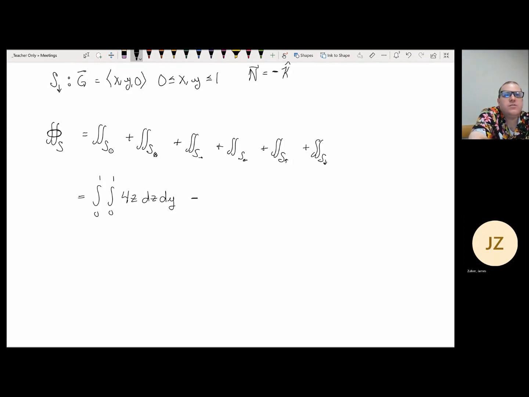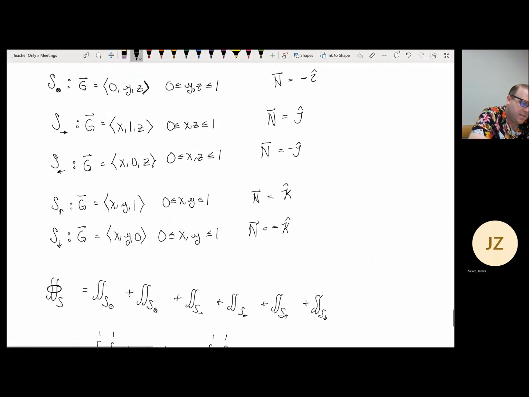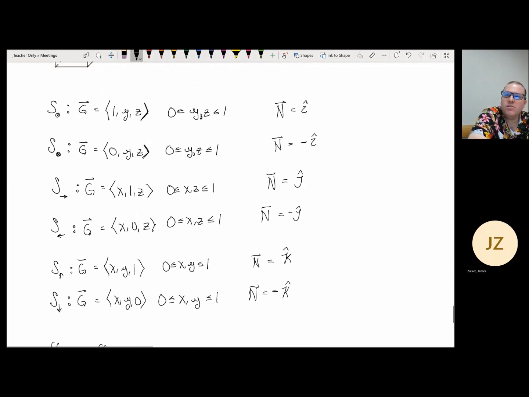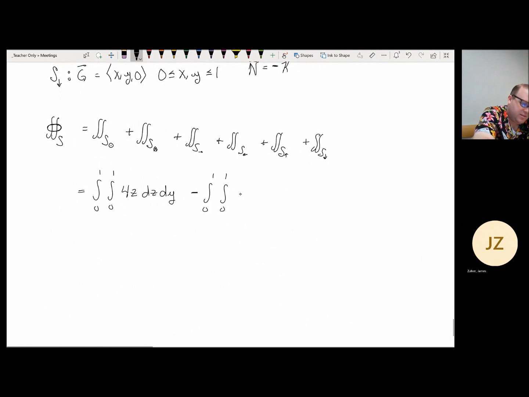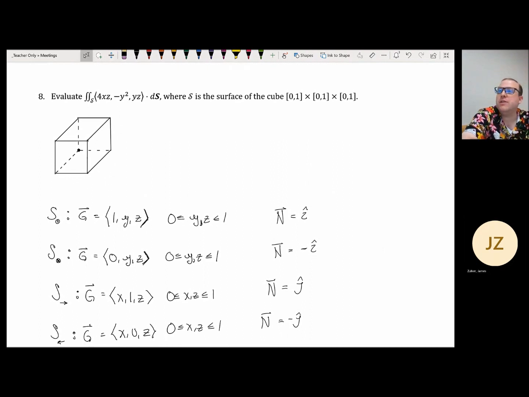It's going to do minus because it's negative i hat. This time, though, x is 0. Same argument with j and k. For j, all we have to do is evaluate the second component at the parameterization.